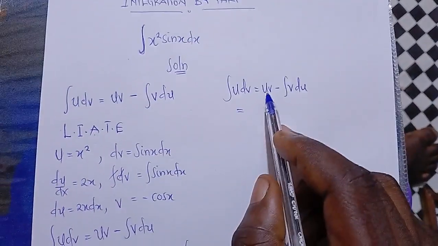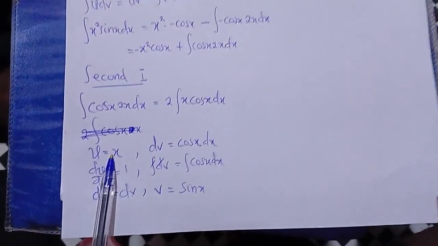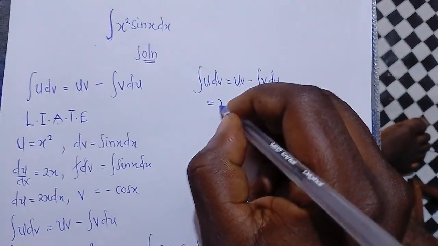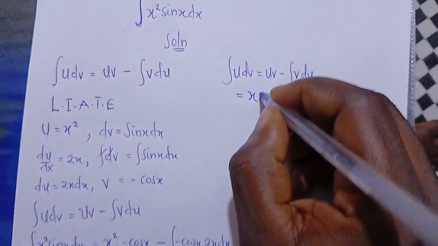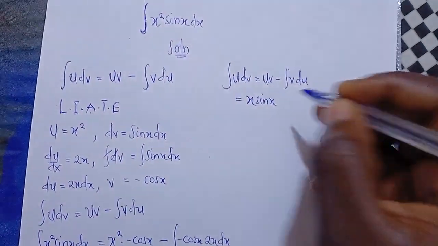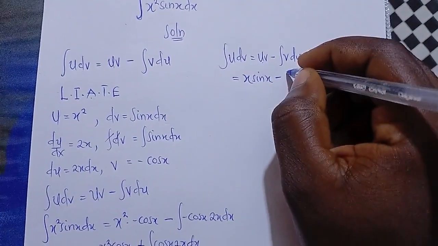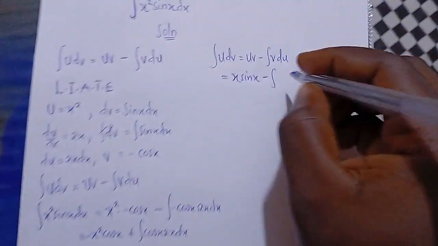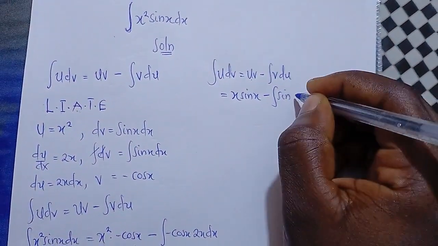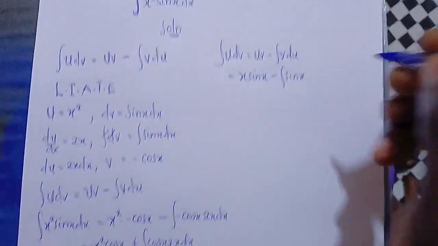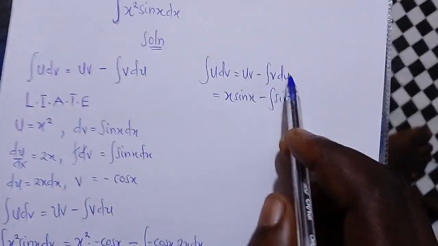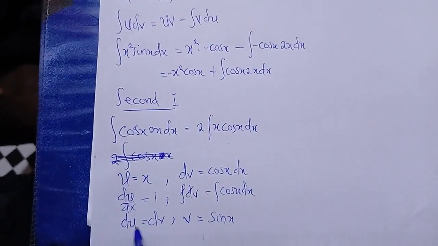My u here is x, and my v is sine x, minus the integral of my v here, which is sine x, and my du here is dx.